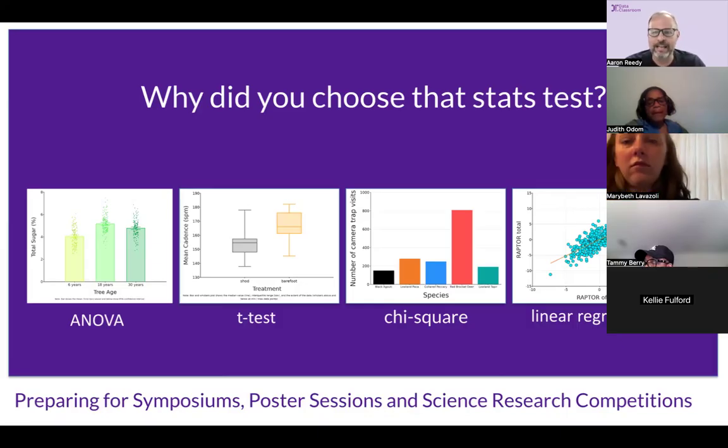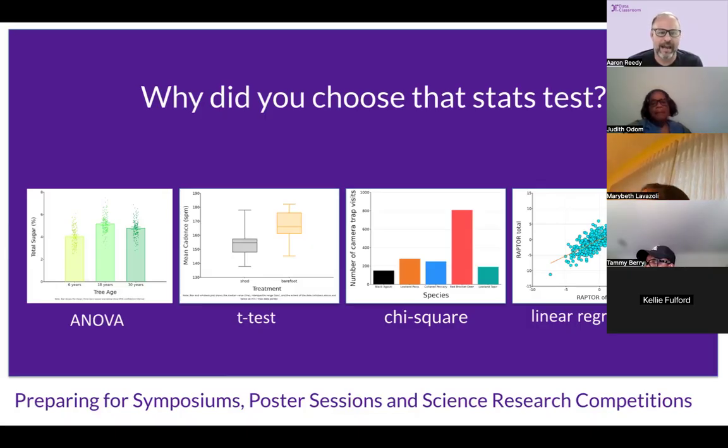And I think for any of these stats tests, it comes down to a very simple algorithm that's based on what kind of variables you had for a given test. So, for example, I'll take each of these one at a time, with what I think would be a quick, snappy answer to the question of why did you choose that stats test.